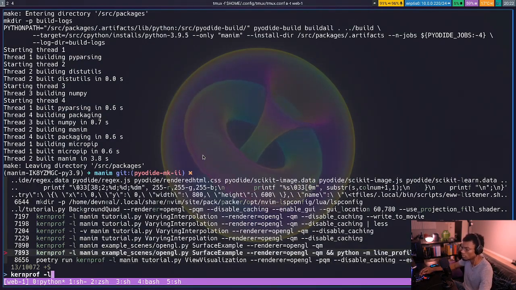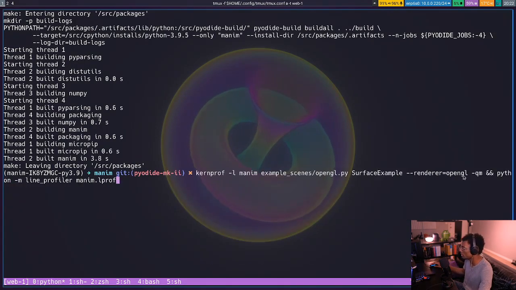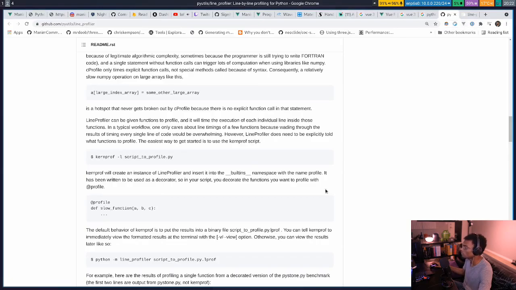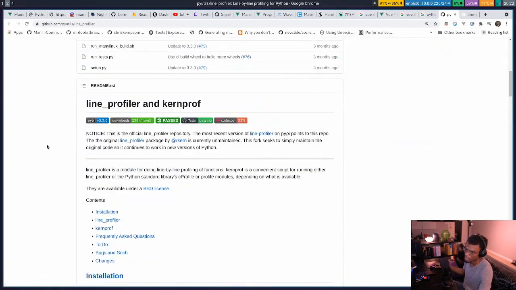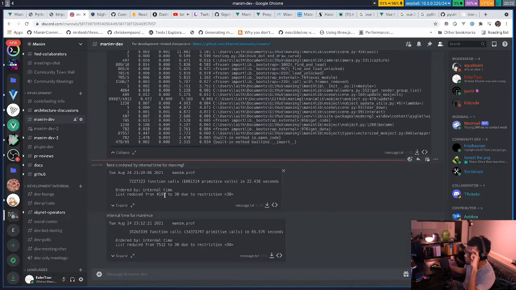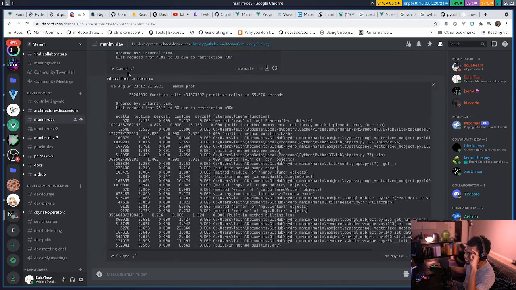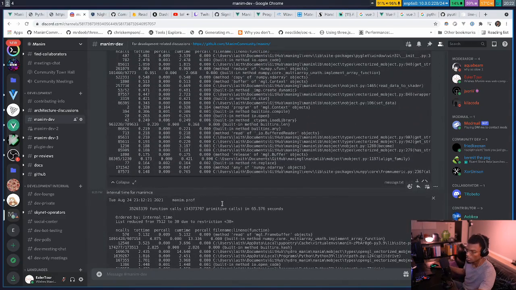Okay, this is what I was using, and python -m line_profiler. So you'd want to use this, and then, okay, so you'd want to use both of these together. Ordered by internal time. Did this get louder?